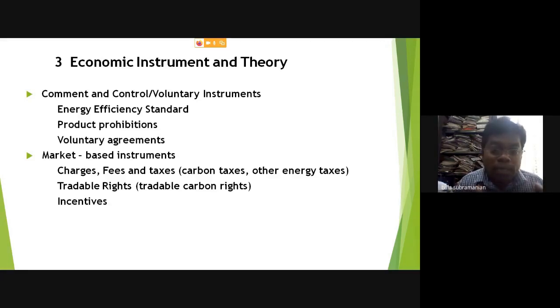This is an environmentally polluting industry, so they must implement some kind of market-based instrument because they want to reduce pollution. So, how do economic instruments work in climate change policies, in reducing CO2 emissions? These are some very basic concepts of economic theory.